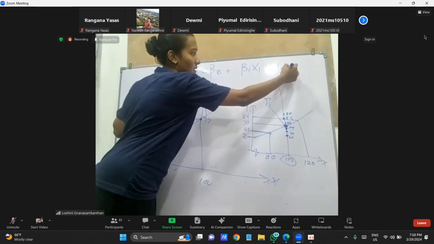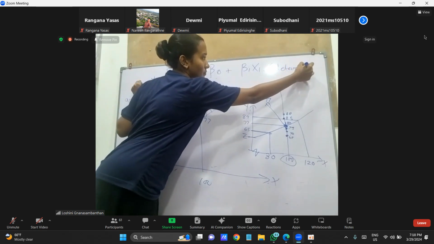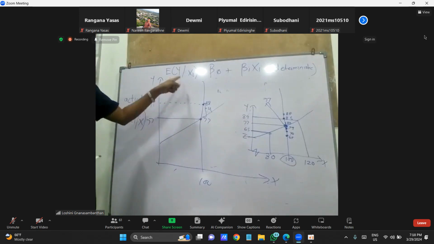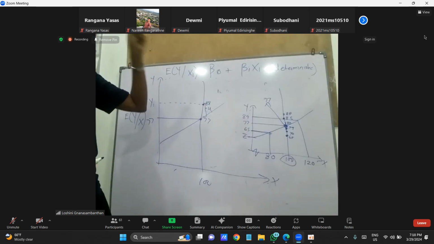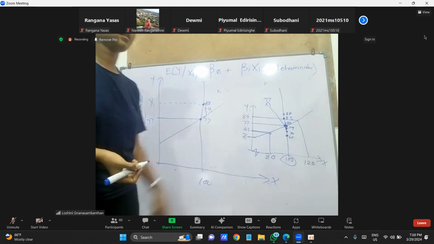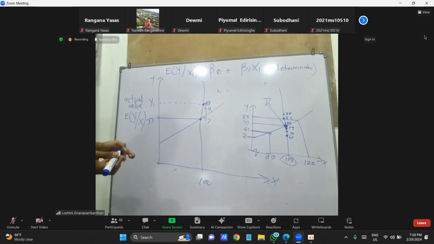This is deterministic. Why is it deterministic? I explained to you. It doesn't give you that uncertainty part. It's not explaining the uncertainty part, right? So that's why it's a deterministic model.